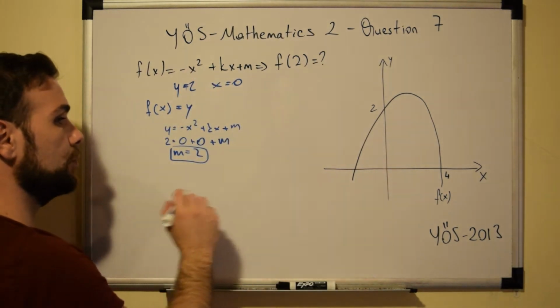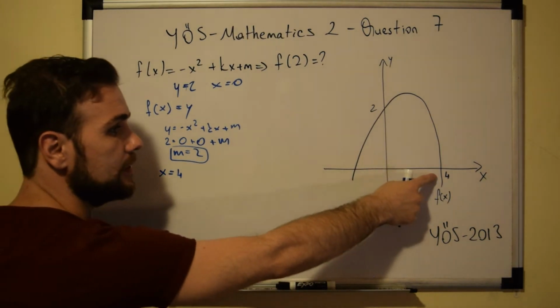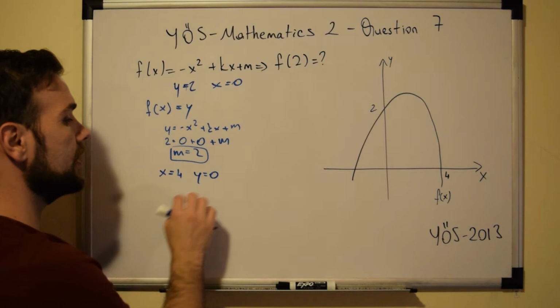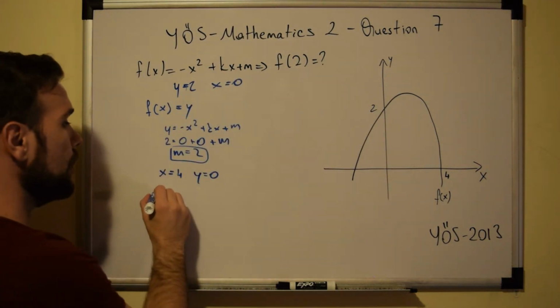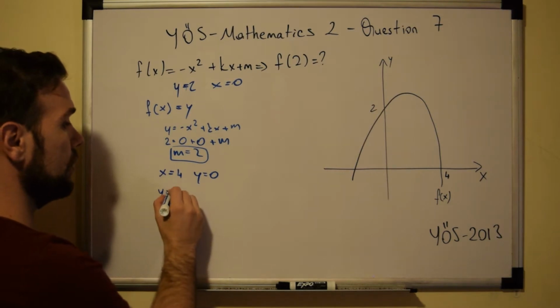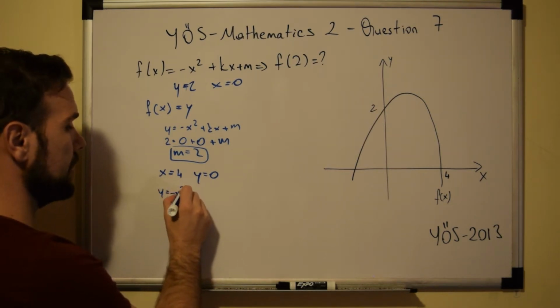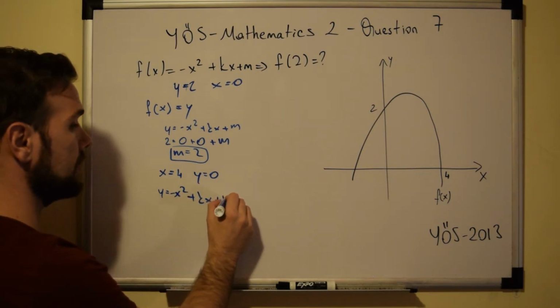So the other point, what do we have in the other point? We know that x is equal to 4, and when x is equal to 4, we see that y is equal to 0. So by using these 2 points, we will be able to find k. So we have y, which is equal to minus x squared plus kx plus m.